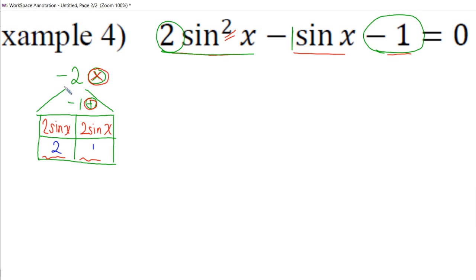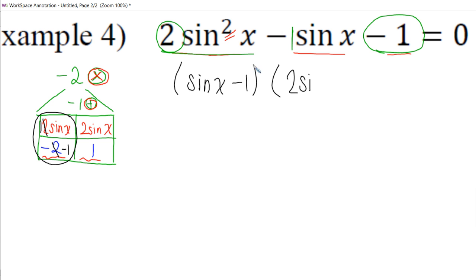When you add, it needs to be negative 1, so that one needs to be negative. Now we're going to reduce this so that becomes 1 and negative 1. And each one of these things will make a parentheses, and this becomes sine x minus 1 times 2 sine x plus 1.